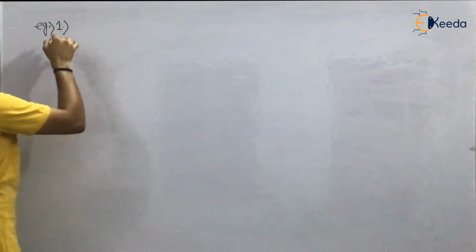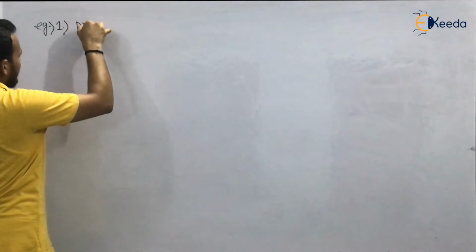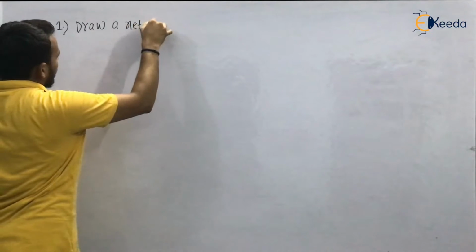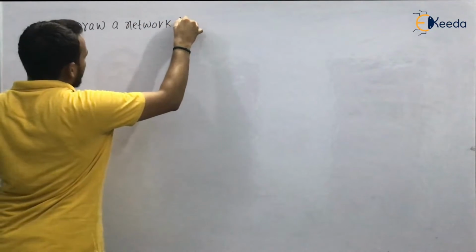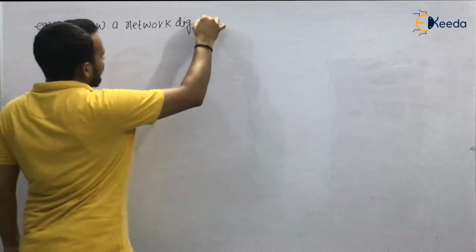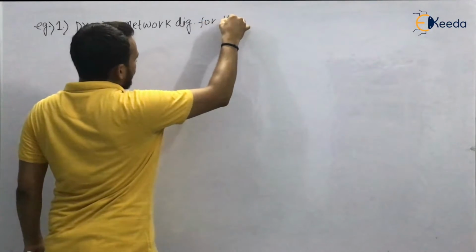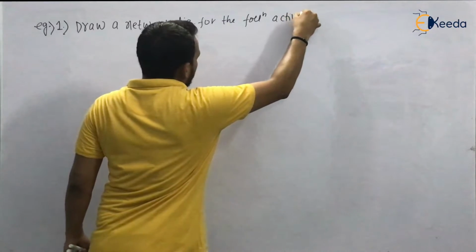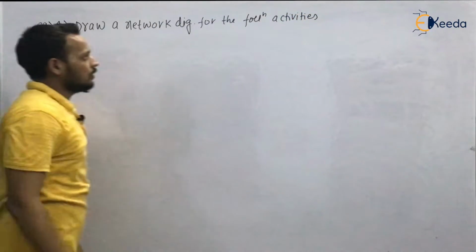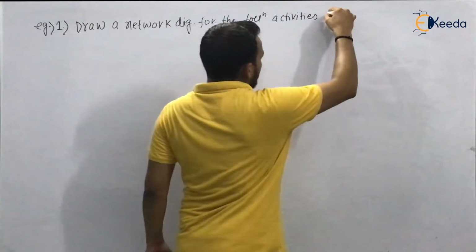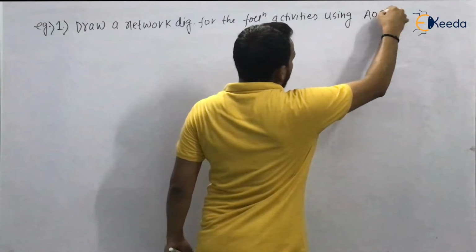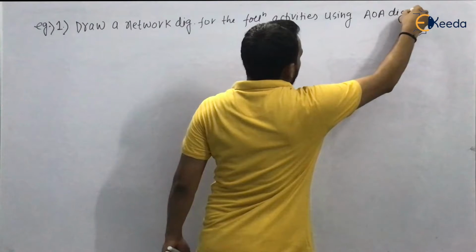Number 1, and it says draw a network diagram for the following activities using AOA diagram, that is activity on arrow diagram.